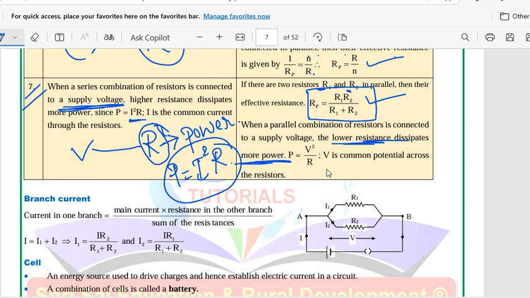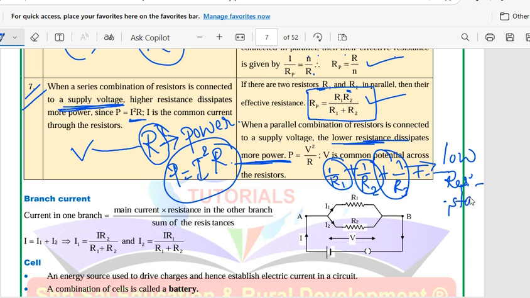In case of parallel combination, whichever resistor has the low resistance will dissipate the power, that is P equal to V square divided by R. Is it or not?